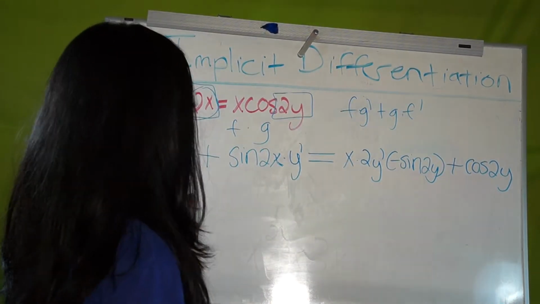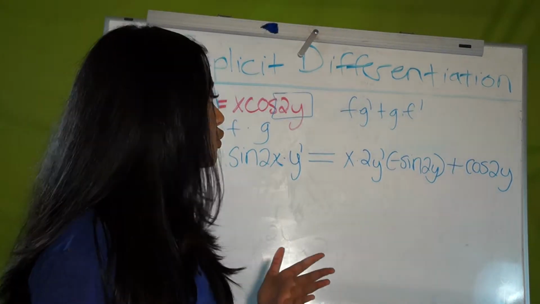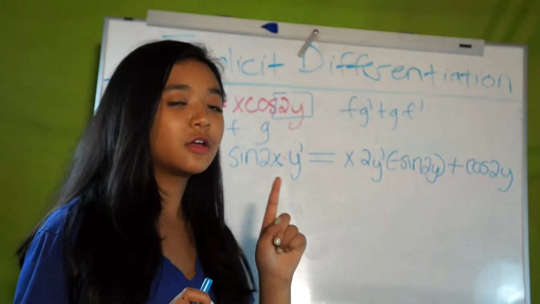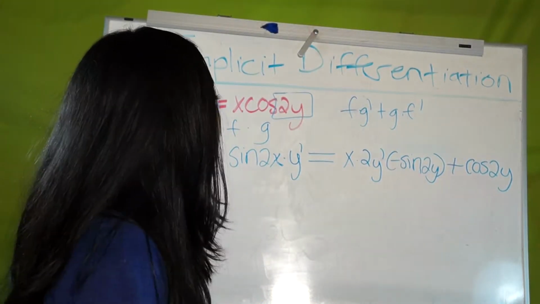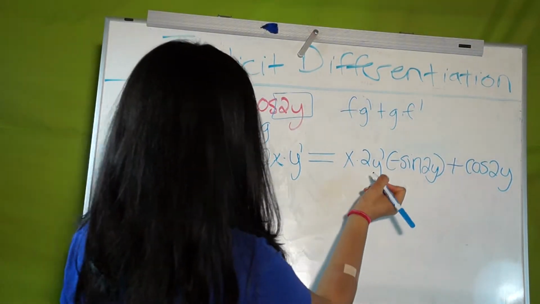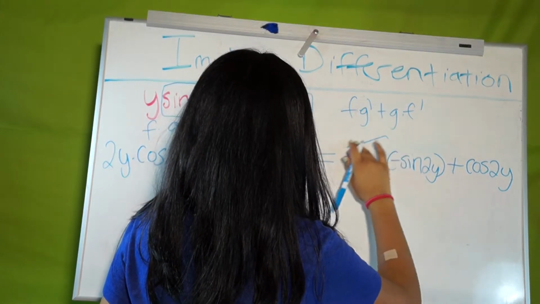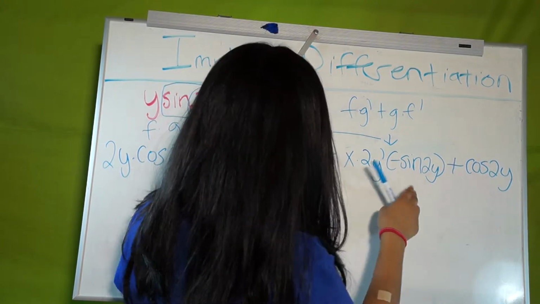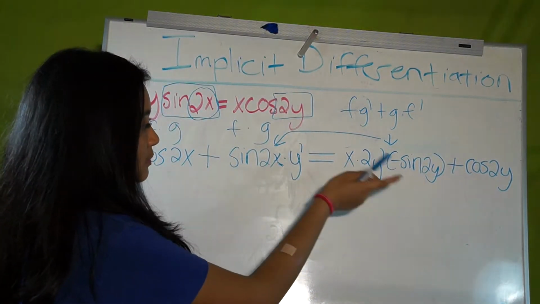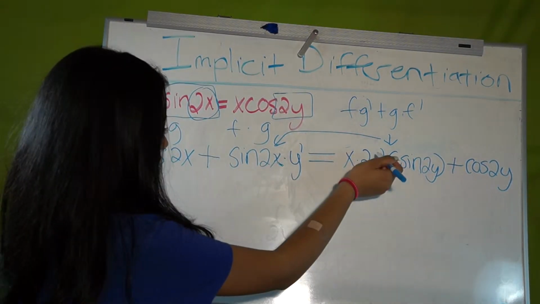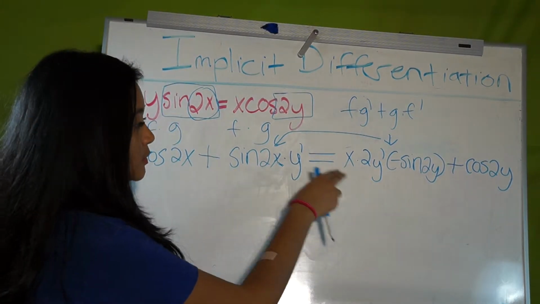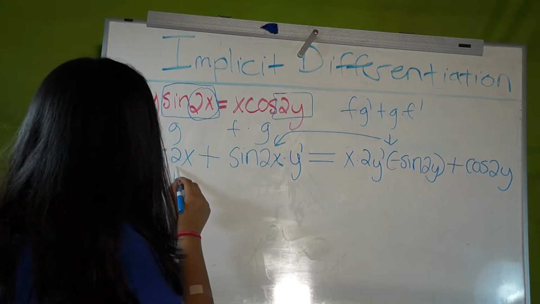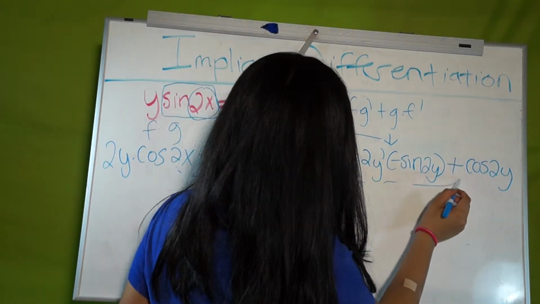Now, since we're solving for y prime, we will have to move this over here, and this to here. We want to get all the same terms on one side: the y prime terms on one side, and the non-y prime terms on the other side.